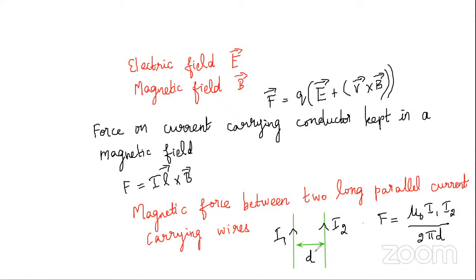And another important thing to note here is that the currents in both the wires are in the same direction. In that case, the wires attract each other.